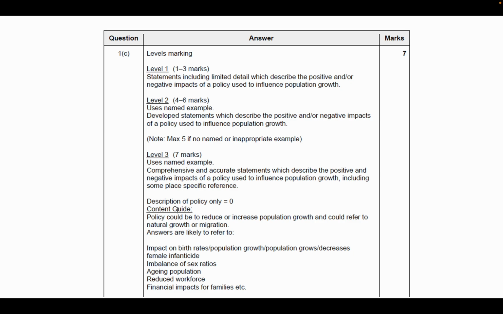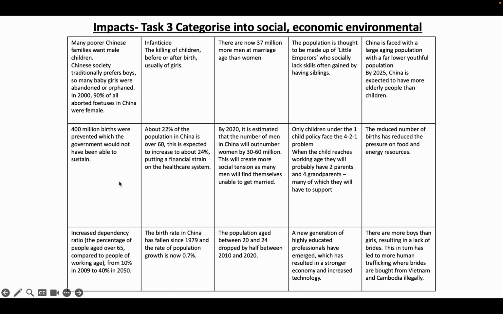You can clearly see if you only describe the policy, you won't get any marks at all. So just be careful of that. We will look at this in more detail on the next slide, looking at some of the positive and negative effects. But you can see here, it has some general points, such as reduced workforce, aging population, an imbalance of sex ratios. So here's lots and lots of impacts you can really utilize in your exam.